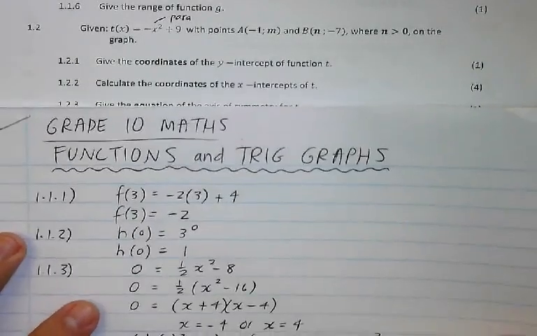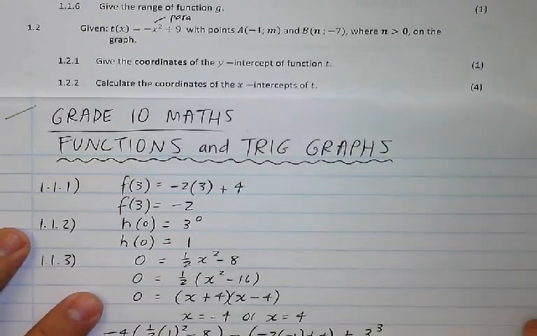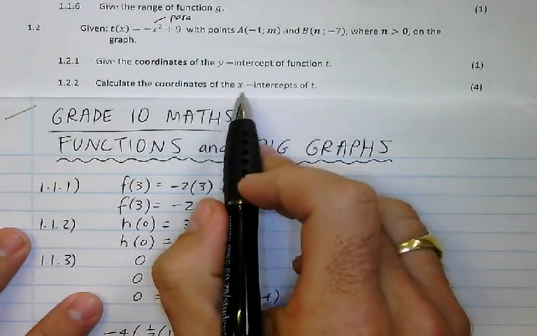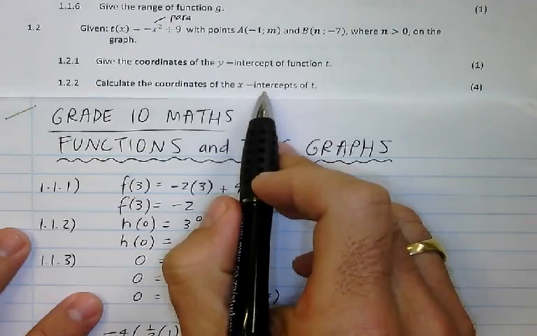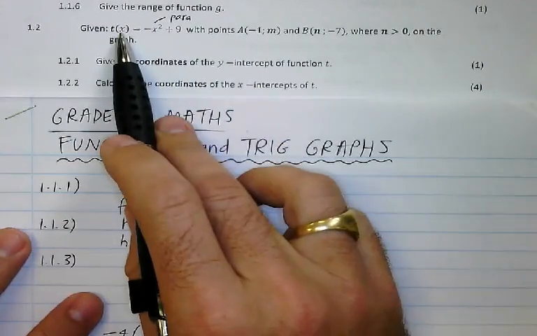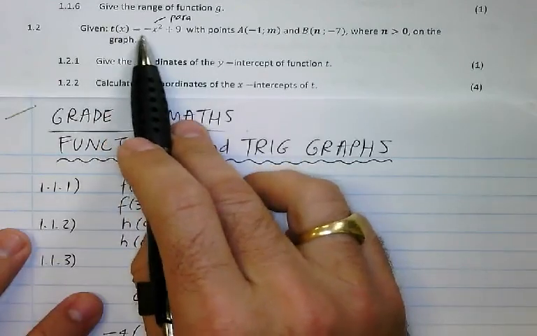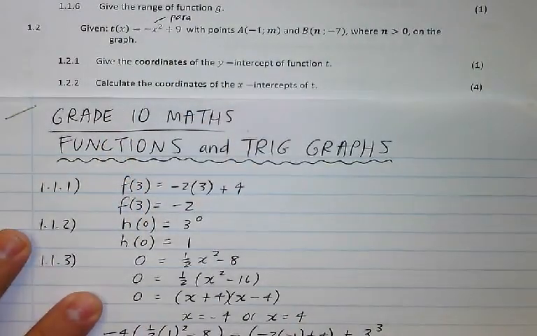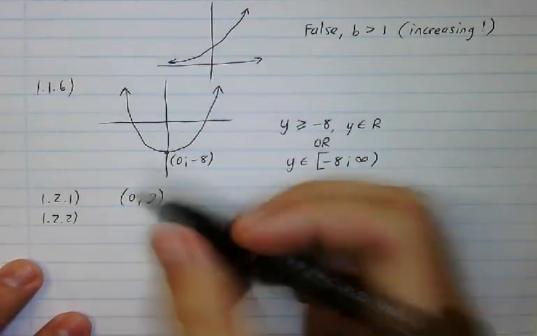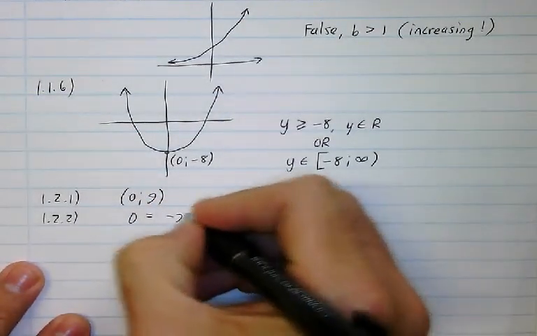Calculate what the coordinates of the x-intercepts are. Right, to find the x-intercepts, we let y equal 0. Remember, t(x) is a notation for y, so we say 0 = -x² + 9.